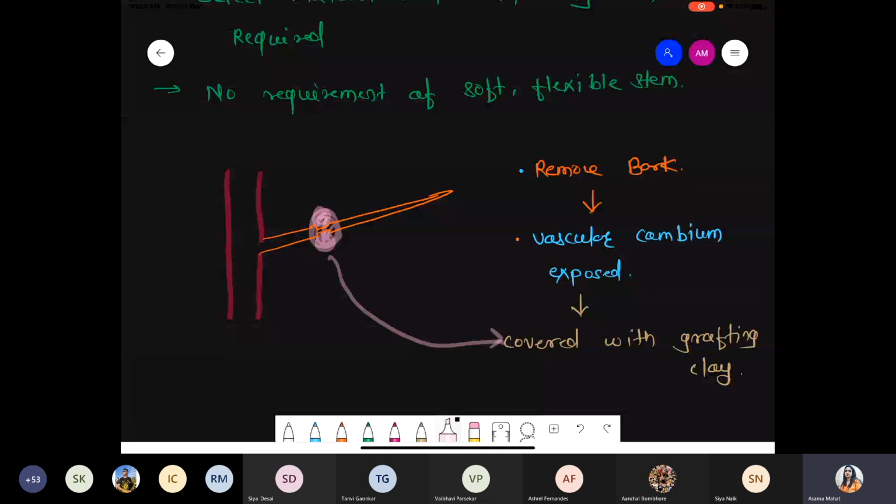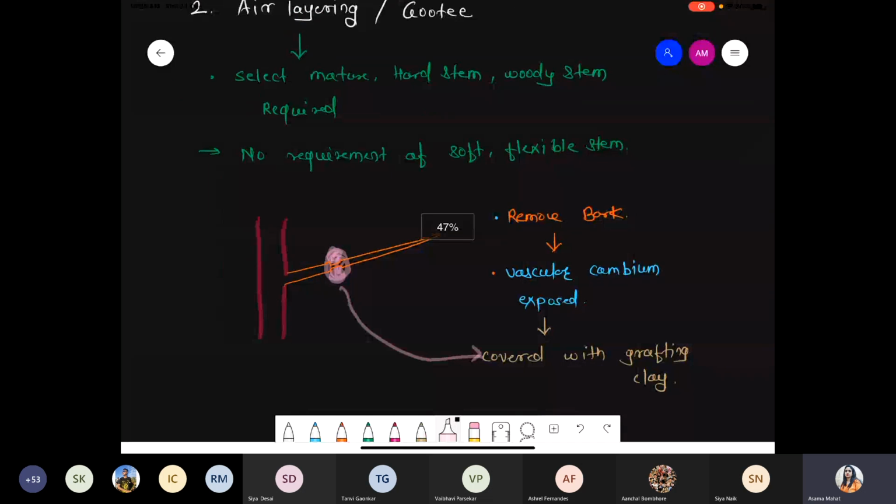Normally this is one kind of layering technique where we require the woody stem, because we have to remove the bark. Once you remove the bark, the vascular cambium is exposed, and that area we have to cover with grafting clay. Once we apply the grafting clay, you should cover it with some plastic paper or something else.